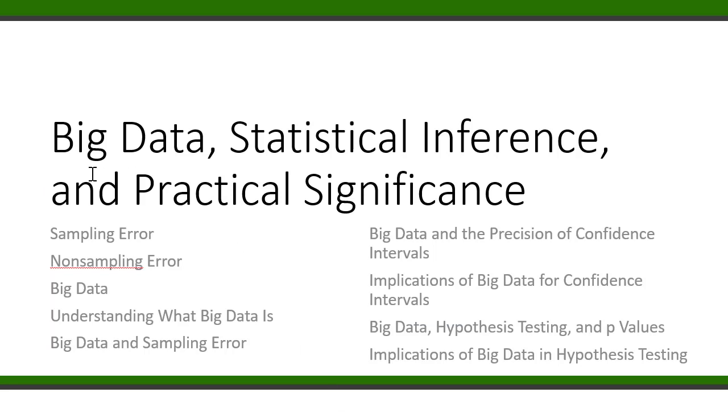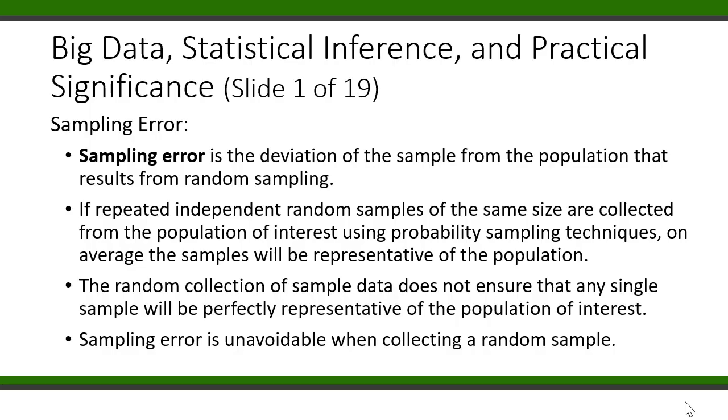The next thing we want to talk about is big data, statistical inference, and practical significance. So when you're doing your testing, you need to think about something called sampling error. And that's deviation from the sample from the population. And that deviation is called sampling error.